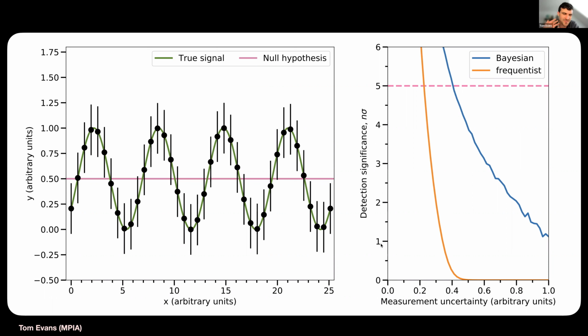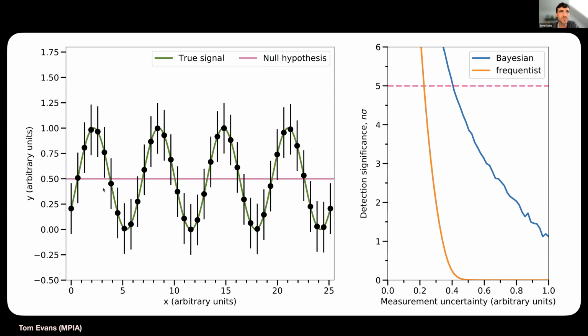I don't know the mathematical reason why, but the whole Bayesian approach is maybe doing a better job of recognizing structure in the data, whereas in this example I've plotted here, it's just a sinusoidal type signal.